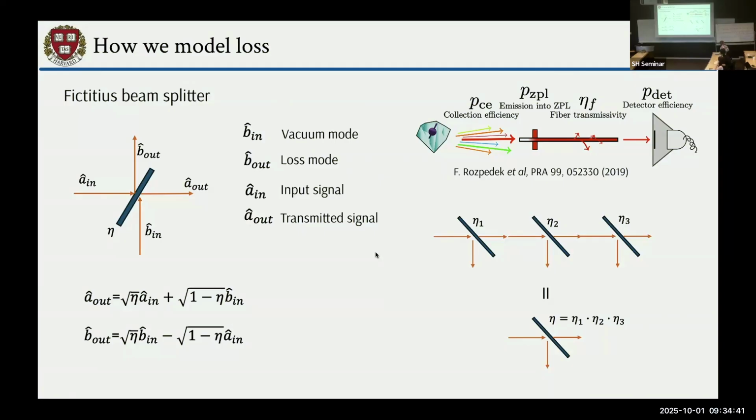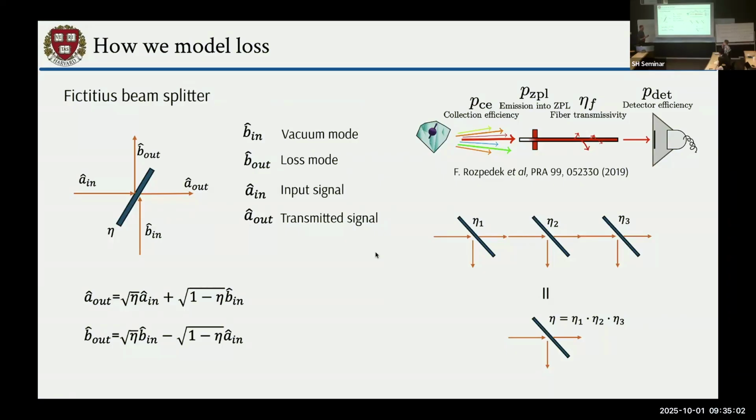In the end, we are going to herald on actually detecting a photon. How can I see it? Well, it's basically just a beam splitter matrix.